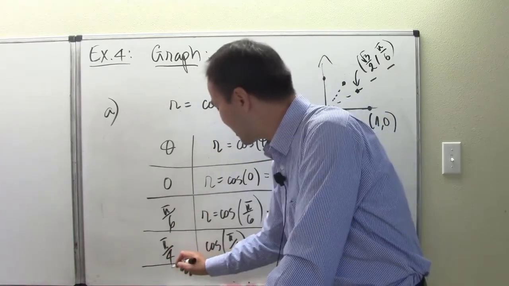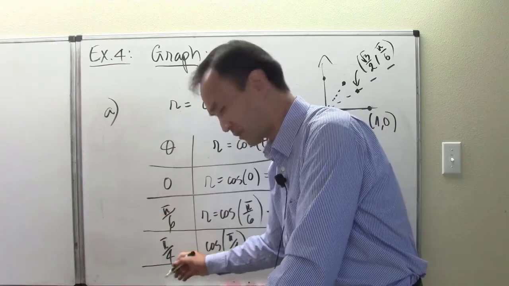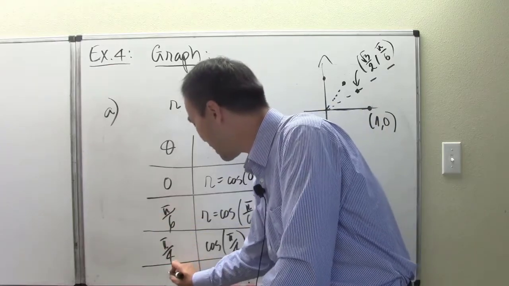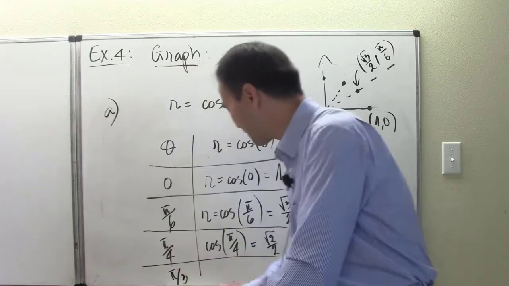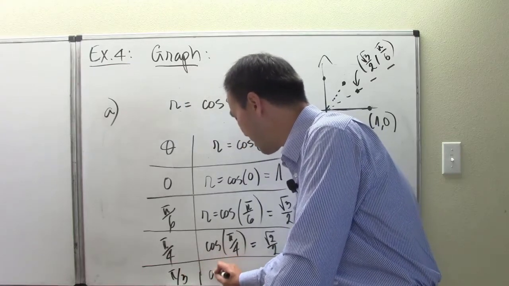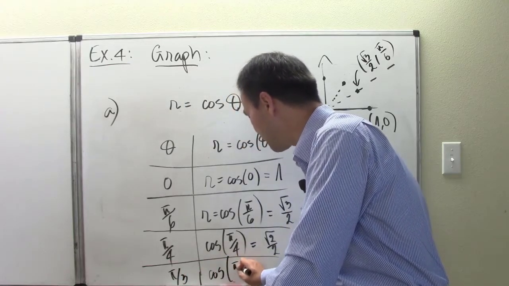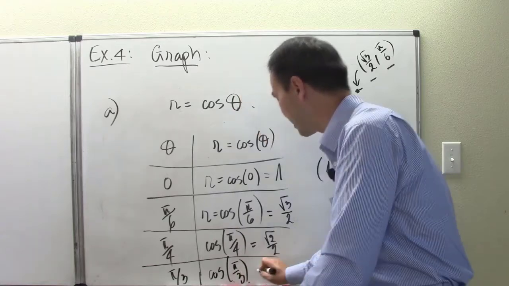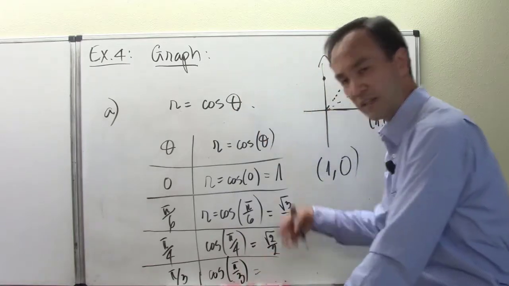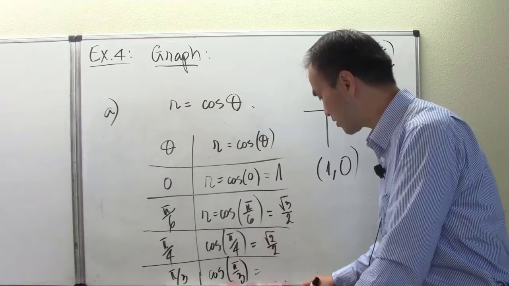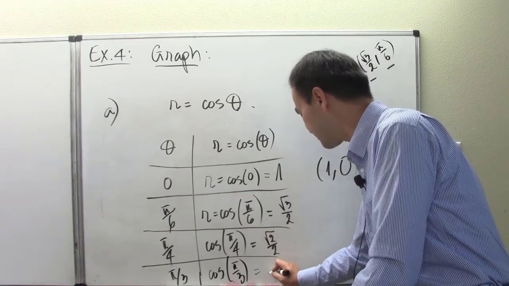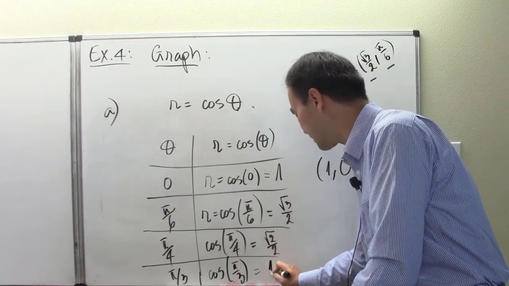So the next common point on the unit circle is a pi over 3. And so radius can be calculated as cosine of pi over 3. Okay, and this will give us, according to the calculation from the unit circle, a 1/2.